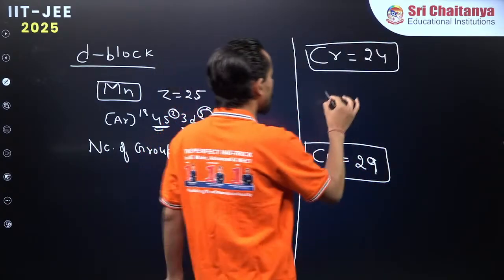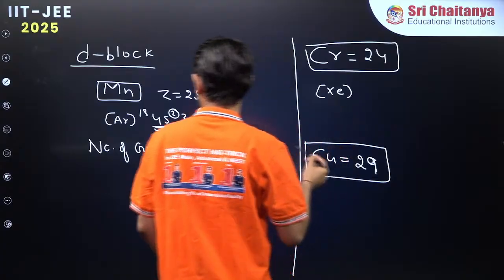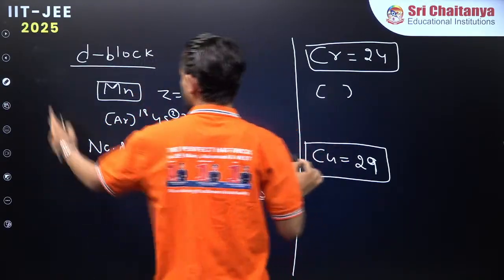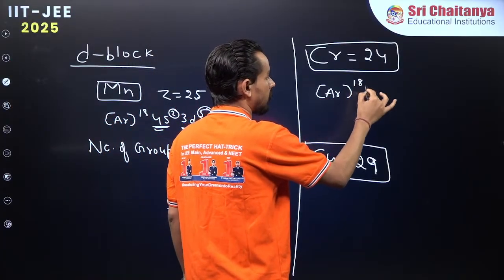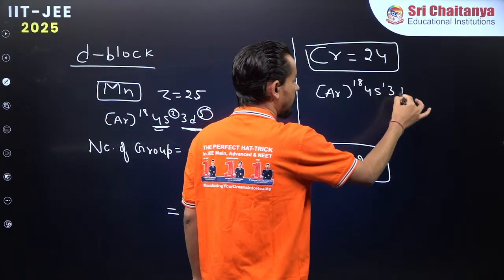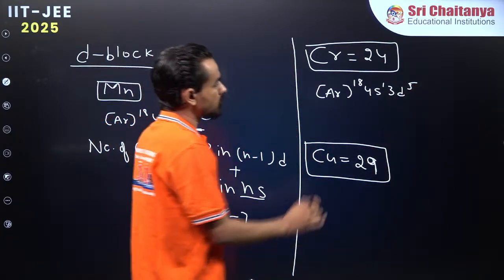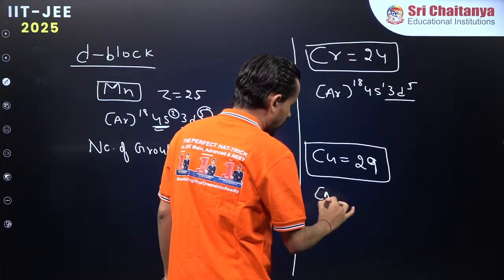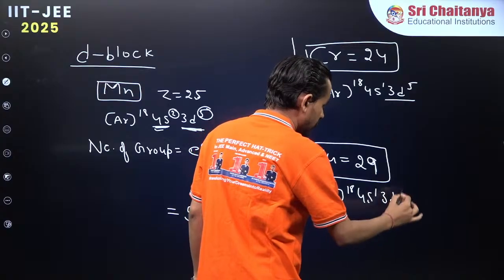See, chromium is Argon 18, 4s1, 3d5. You know exceptional configuration, I told you. Copper is similar to that: Argon 18, 4s1, 3d10.